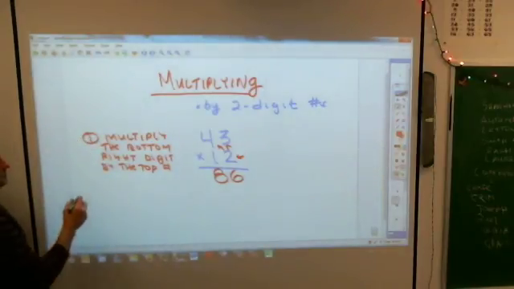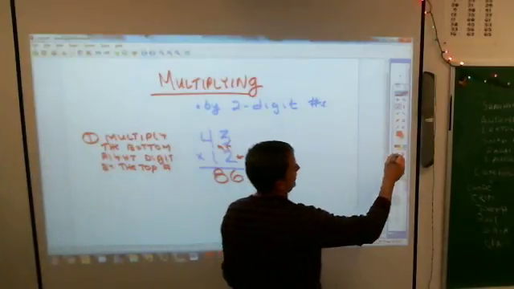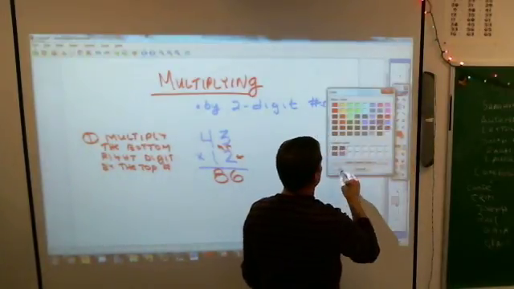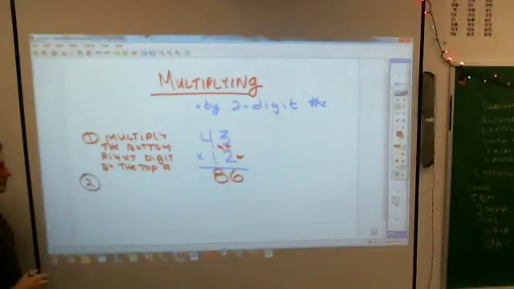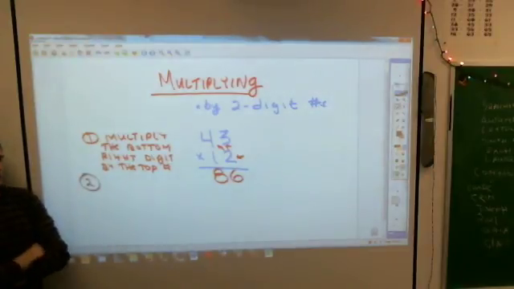Then, step number 2. You probably know this again, but you probably don't know why. Anybody, what's step number 2? Step number 2 is to do what? John? Put a 0 in the ones. Right.